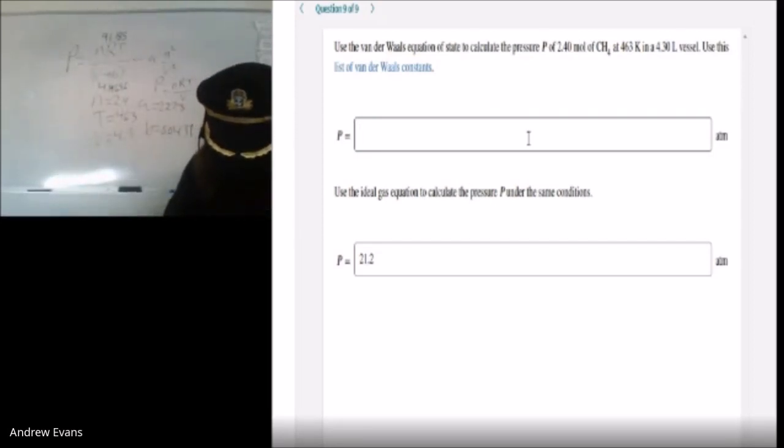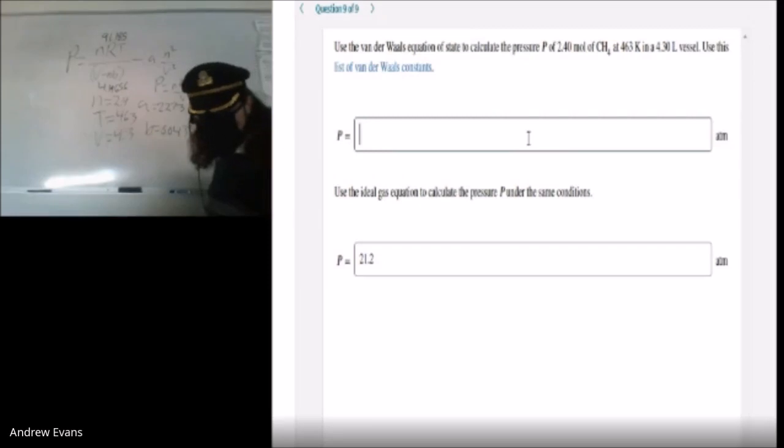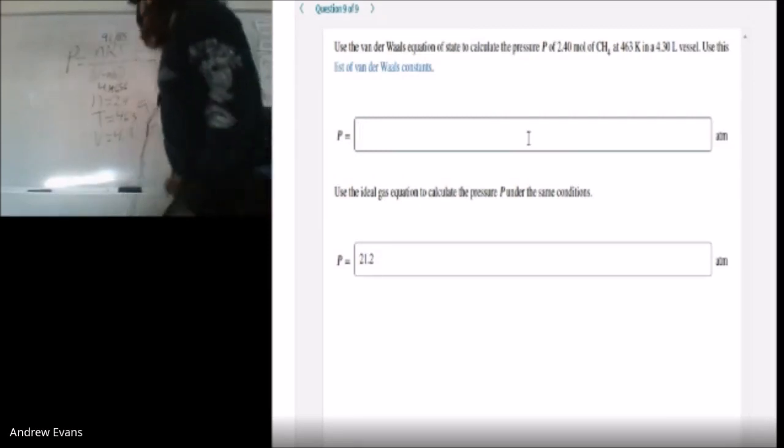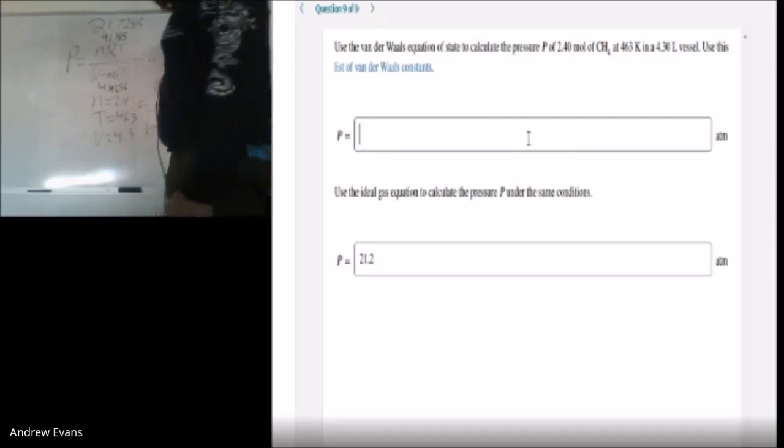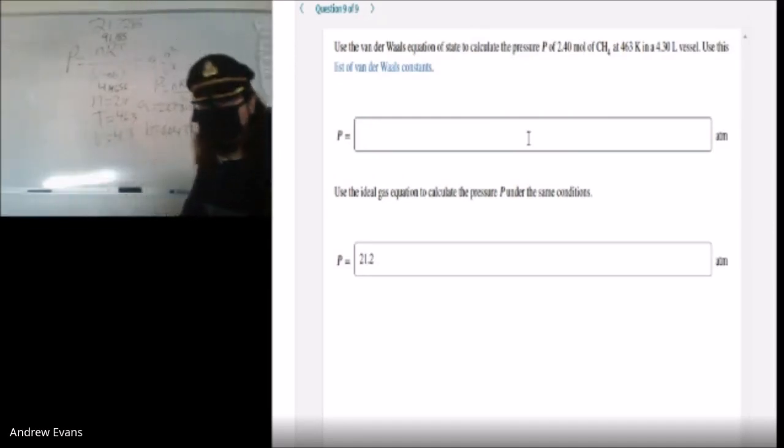Let's work with that. 91.185 divided by 4.19656. The whole first term is 21.7285. So we have 21.7285. But now we have to calculate what this part is. This is why I'm not asking you to do this on the test.